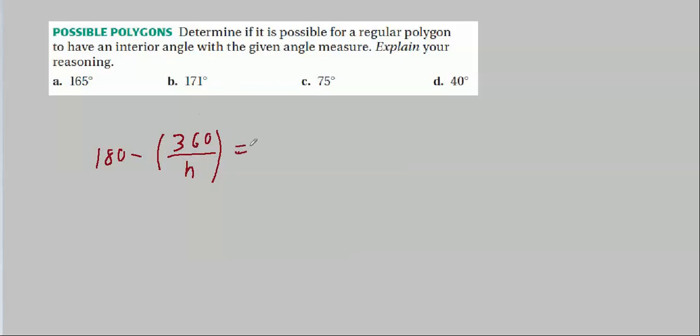Yeah, it might. We'll see. This is n times 180 minus 360 all over n. I don't see where this actually helps us much. Maybe we're just going to have to do this the hard, slow way and put numbers in here.